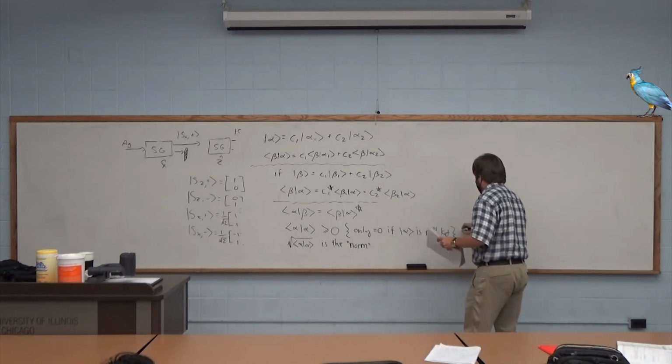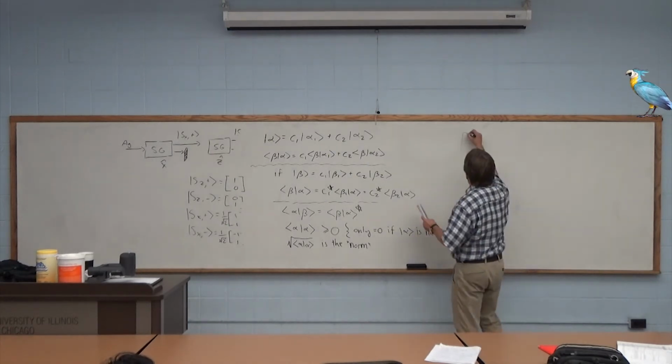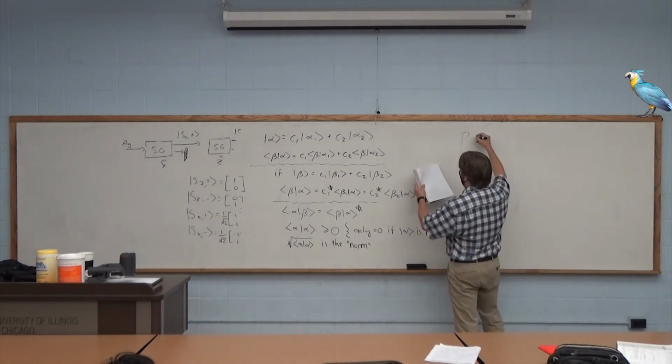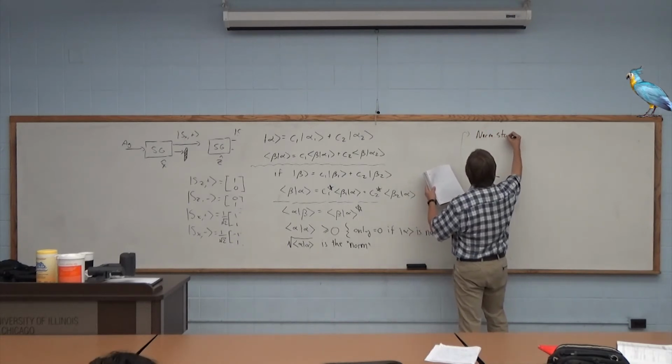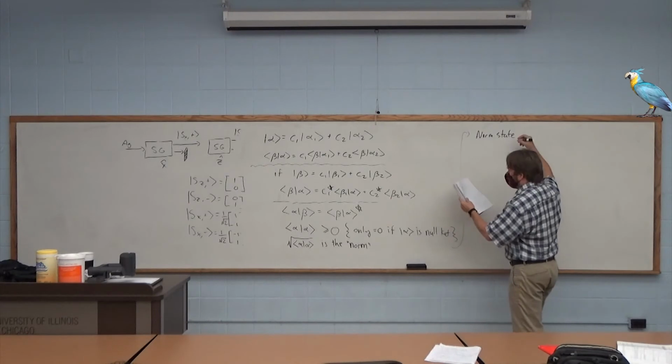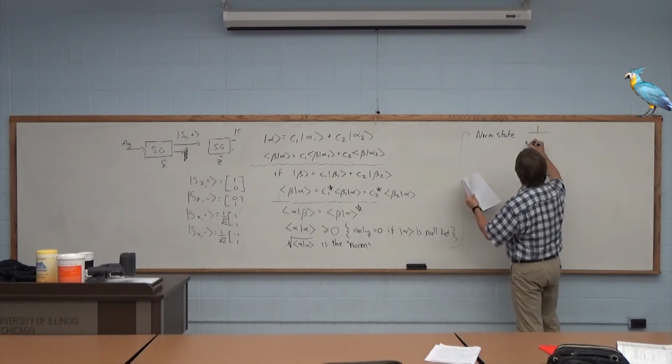Okay, so what does this mean? Let's do the norm. That means a normalized state as represented by a ket is this.